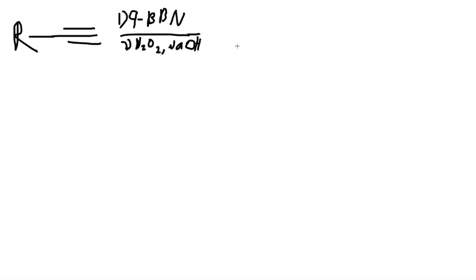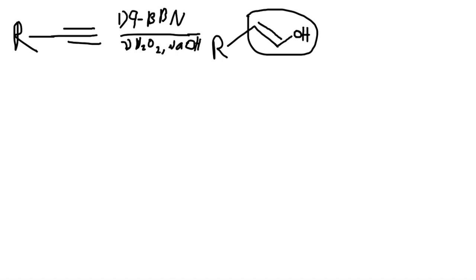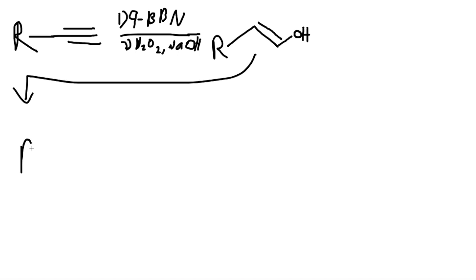Again, our first step is to make this into an enol. This is anti-Markovnikov, so it goes on the carbon that has the least amount of substituents, like this. And we have the enol formed. This is what we want to start with when drawing our mechanism.